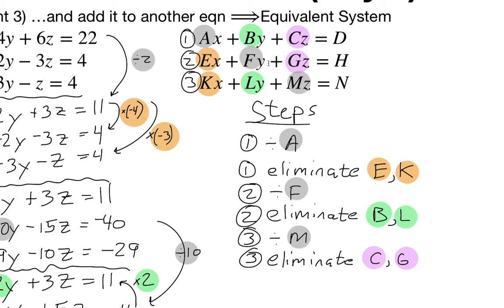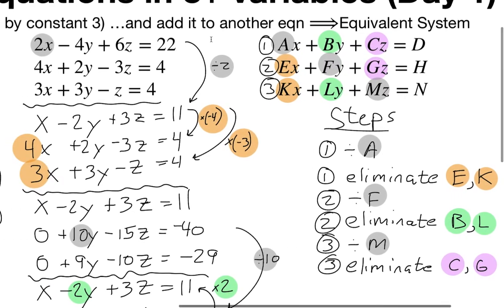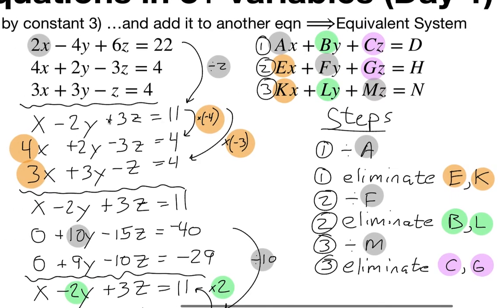Let me show you what the roadmap would look like here. In general, you're going to get 3 equations and 3 unknowns, and we're going to ask you to solve it by hand. So the first step would be to take equation 1 and divide it by a, just like we did here, we divided this by 2 to get this.